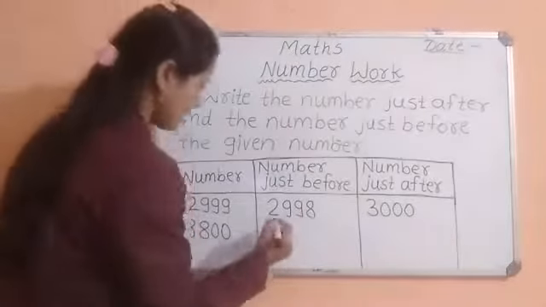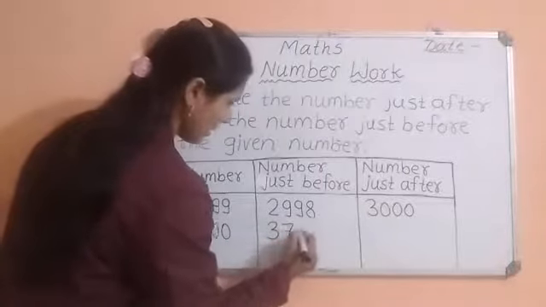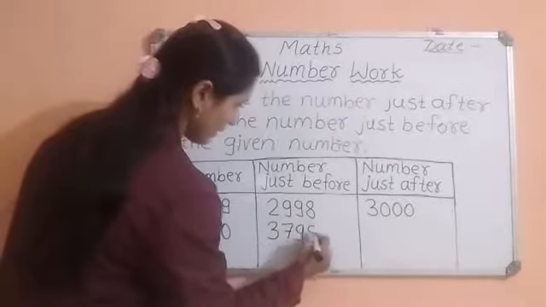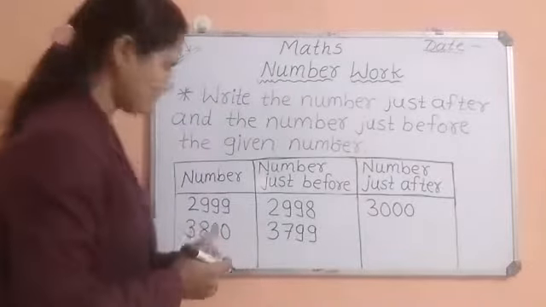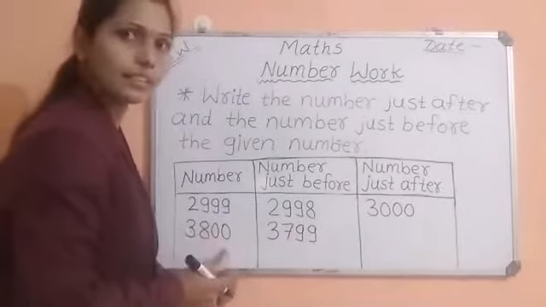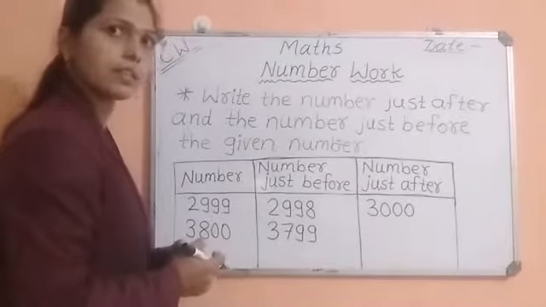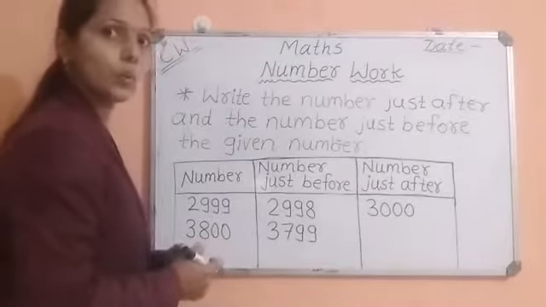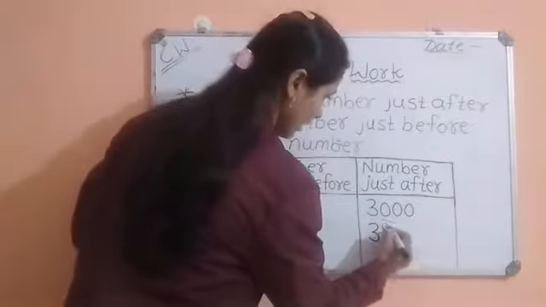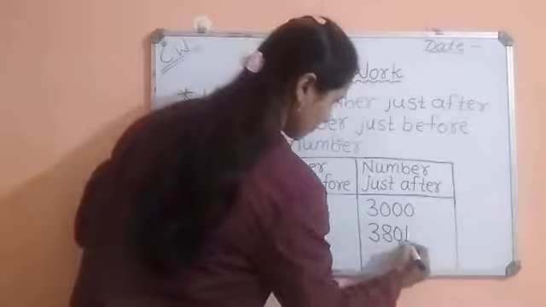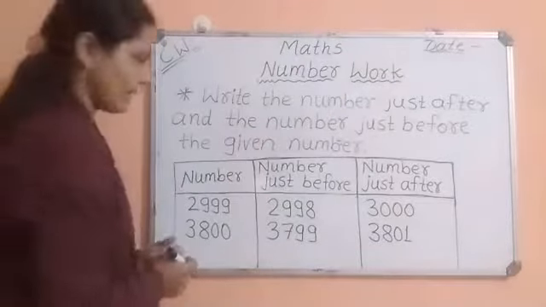So we write here 3799. And the number after 800, which number will come after? Correct, 801. So here 3801.